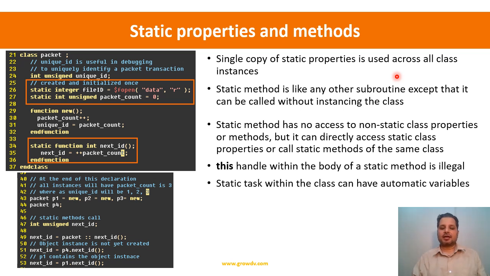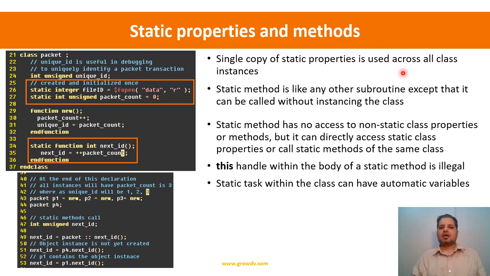Even when I create multiple object instances, all the objects of that class will refer to the same storage for the static property. We have generally seen that whenever we did new, per-instance storage got allocated. So if I had multiple handles and I said new to each one of the handles, each handle allocated storage for all the properties present within the class. But when the property is of the type static, there is only a single copy of that property, which gets used across all objects.